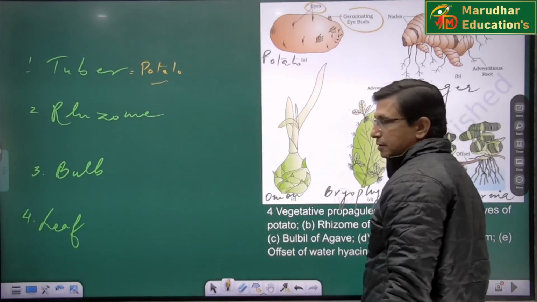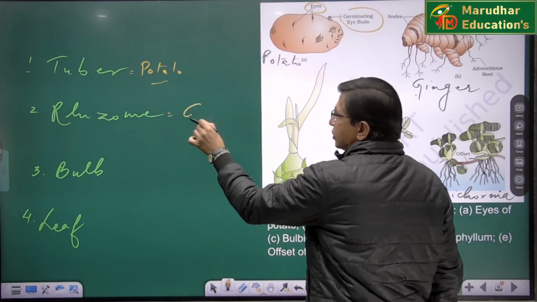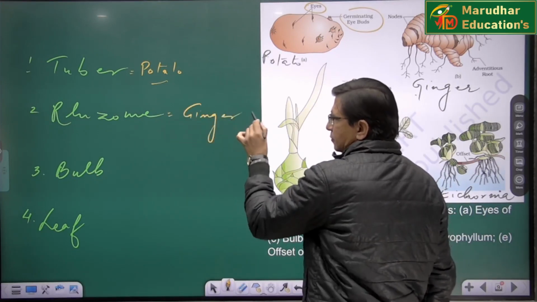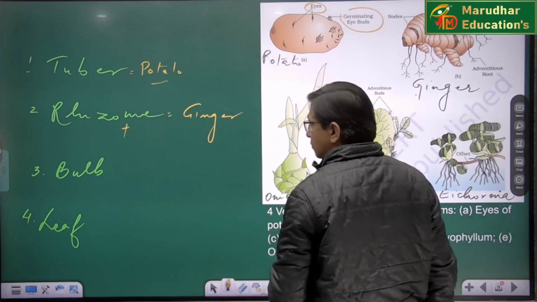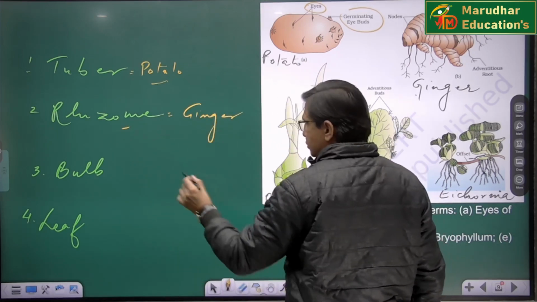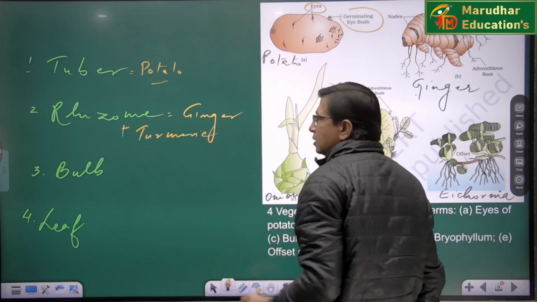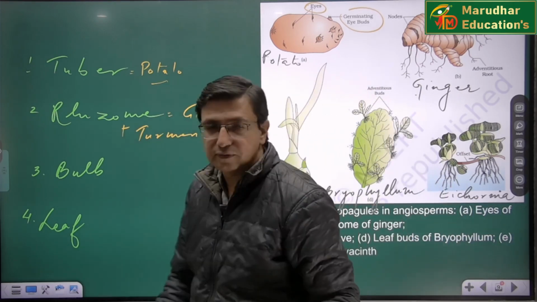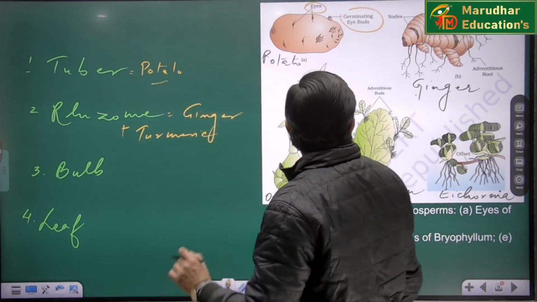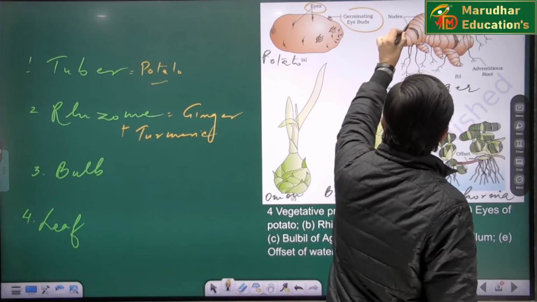This is one example. Another one is rhizome. Rhizome is present in ginger and turmeric. Ginger and turmeric, again, they are modification of stem called rhizome. And if you see on a rhizome, this is rhizome of ginger, you are able to see what?